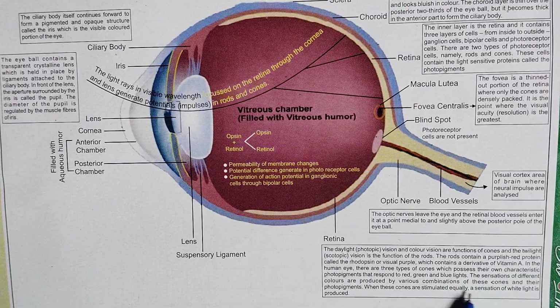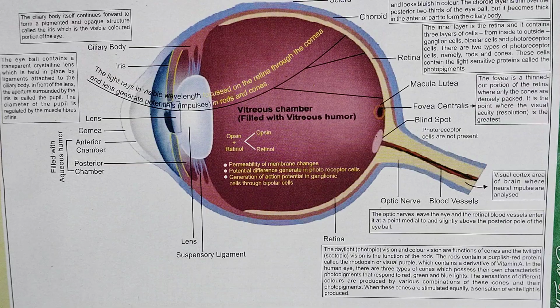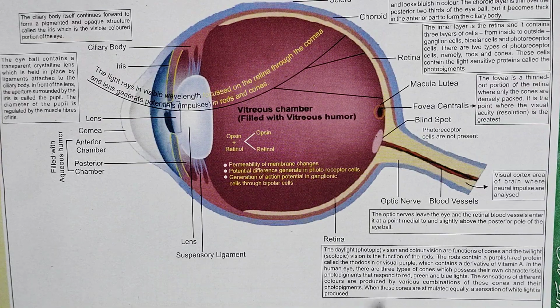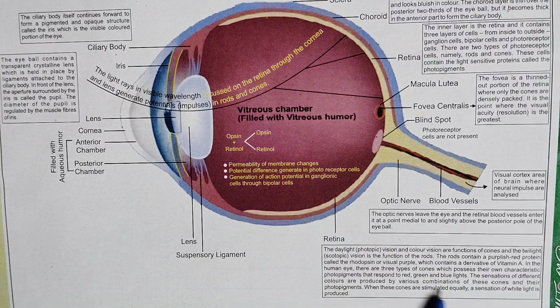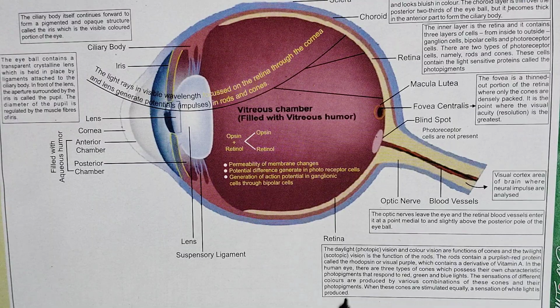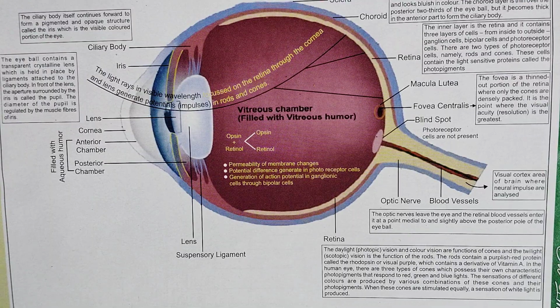When these cones are stimulated equally, a sensation of white light is produced. The three colors are red, green and blue. If they are equal, white light is produced. So this is the function of the eye.